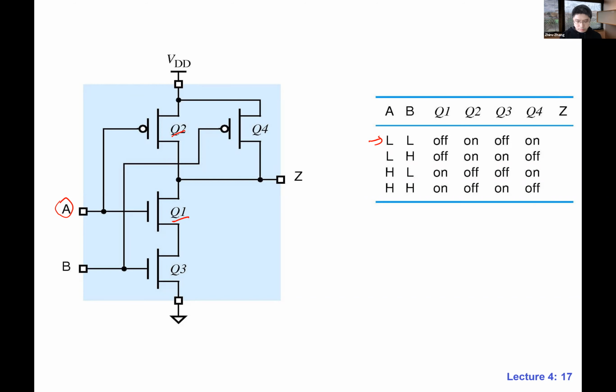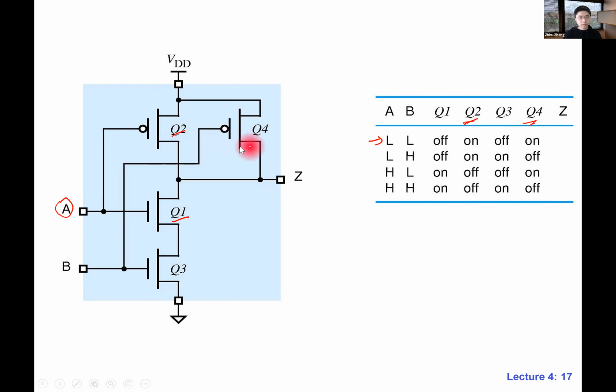Both Q2 and Q4, see here, we have this parallel structure. We will emphasize this structure a lot later on.